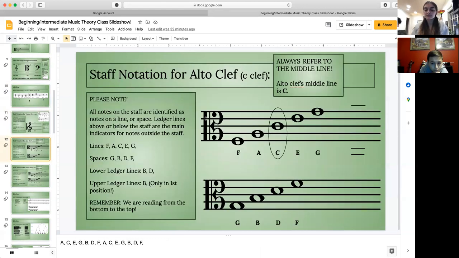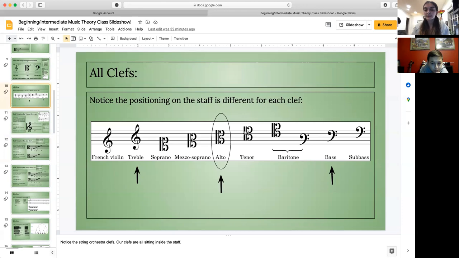Whenever you have one that looks like a 1, 1, 3, or a fancy 3, this arrow in the middle always points to a C. So looking at tenor clef, can you tell me what is the middle line on the staff?